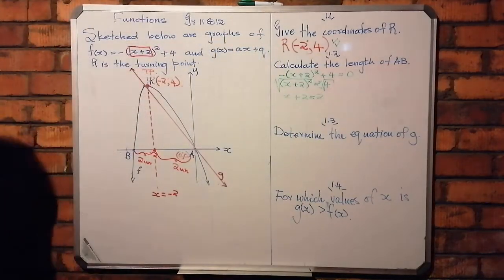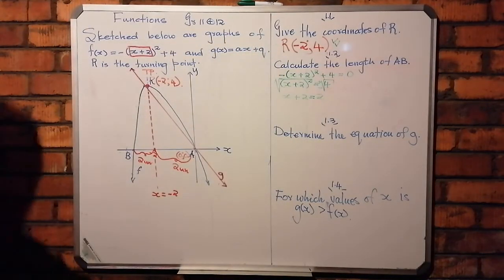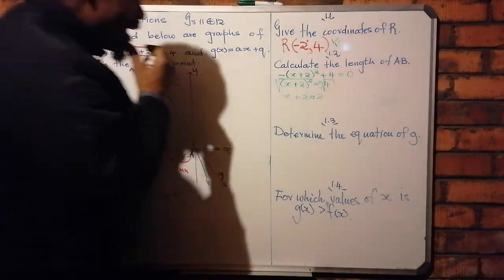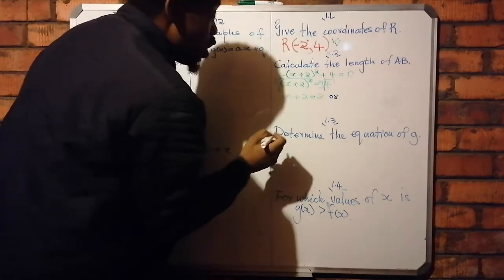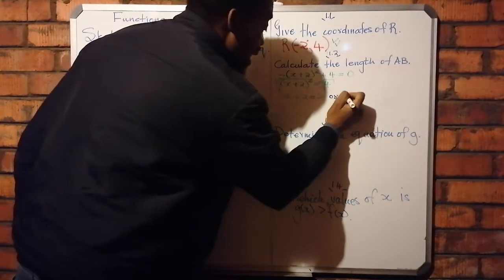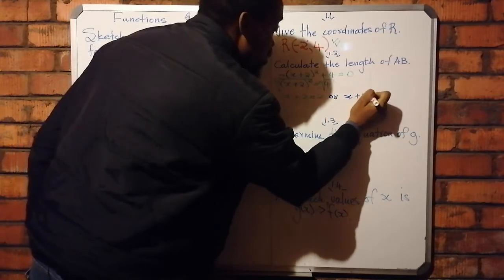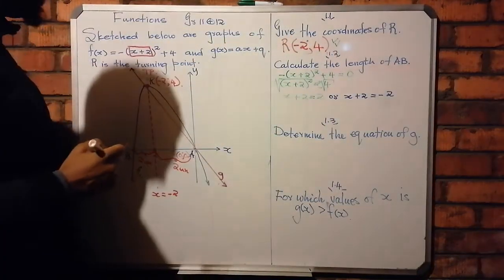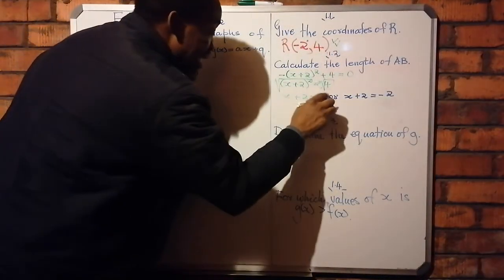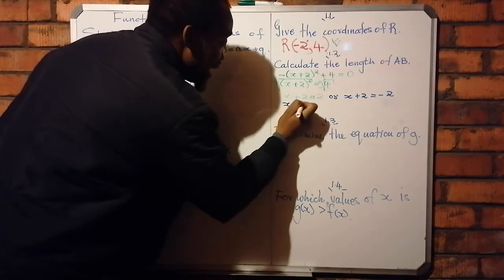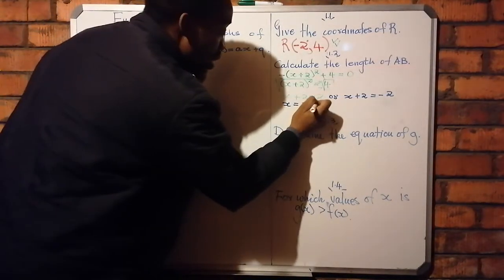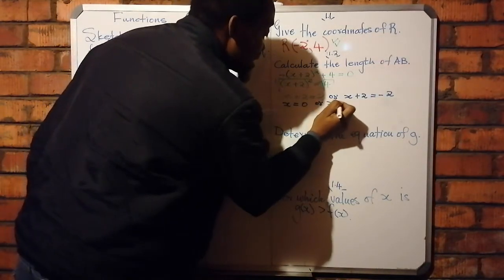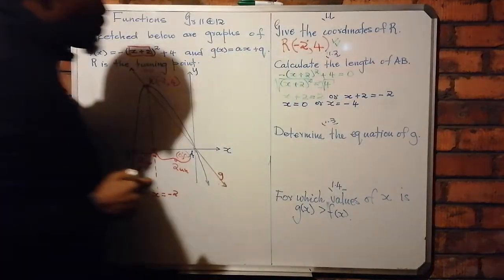Now, keep in mind, one value of the square root is positive and one value is negative. Then we go or, x plus 2 is equals to minus 2. I solve for x. I take this to that side, I get x is equals to 0. Or I take this to that side, I get x is equals to -4.